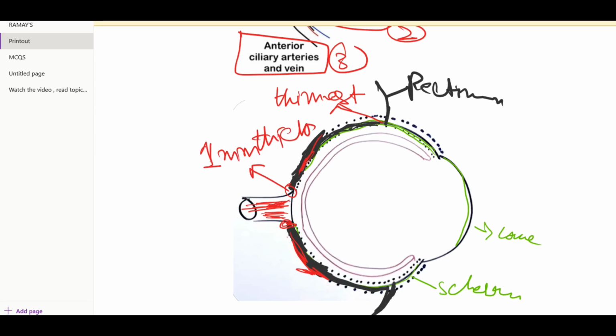And remember that this sclera goes backward and is continuous with the dural layer covering the optic nerve.